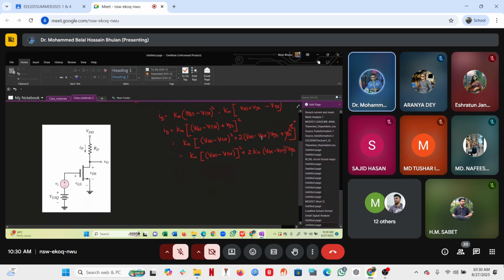So I can write the instantaneous drain current as having two components.